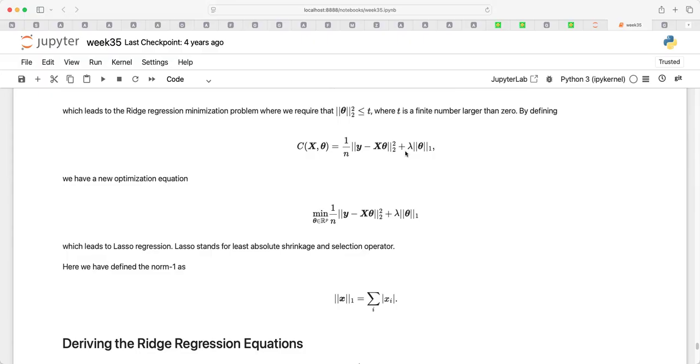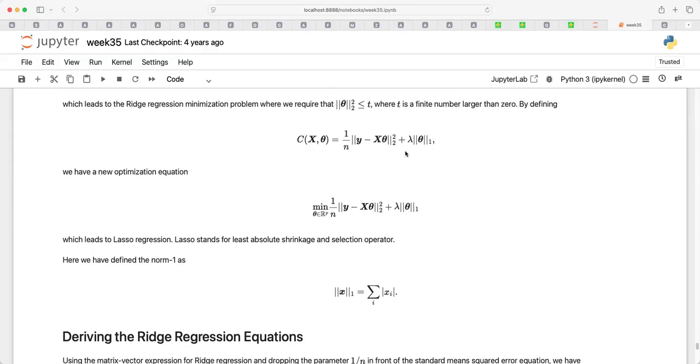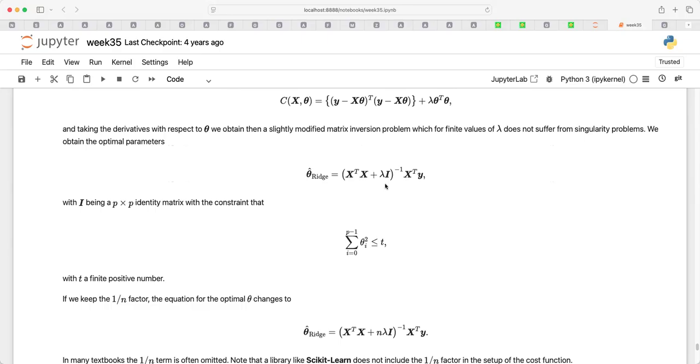When you then run through the derivatives, you get an expression which you would also get if you just use a simple trick of adding a non-zero value to the diagonal matrix elements. Then that matrix is invertible, we have solved all problems.